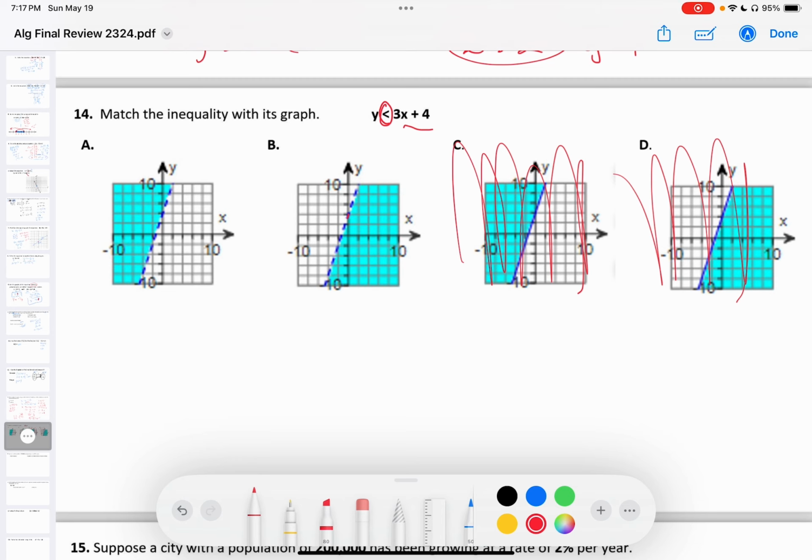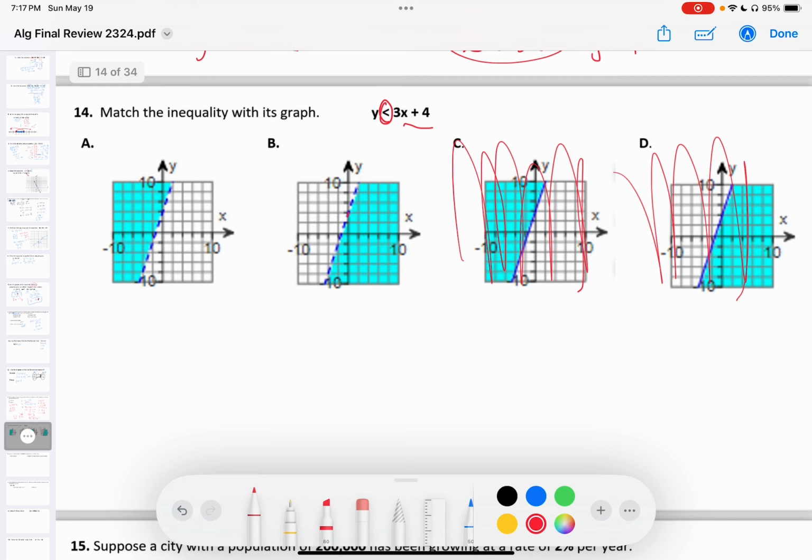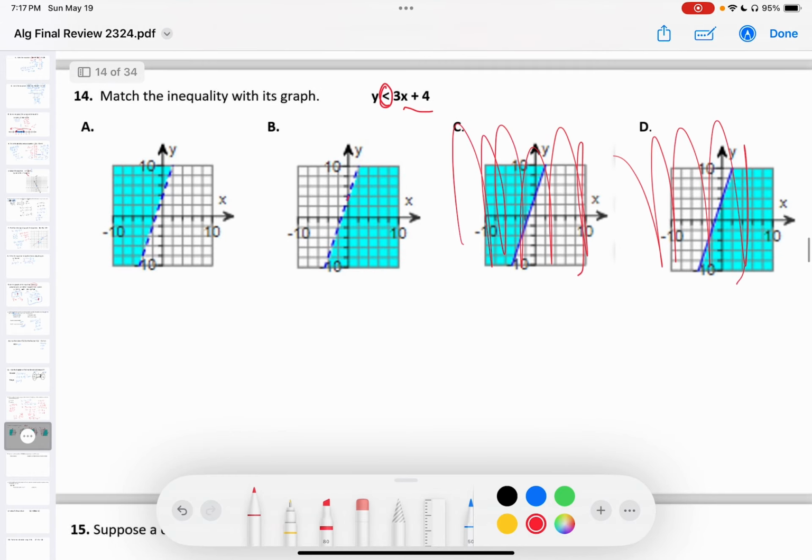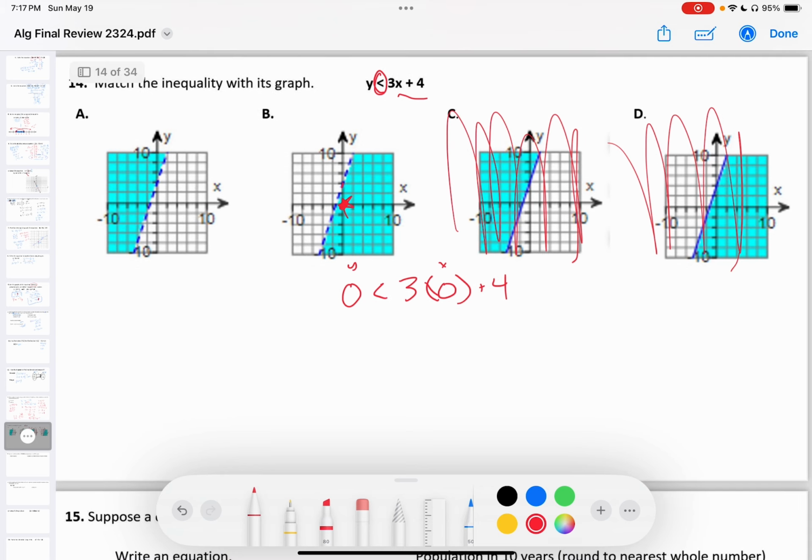So now we've got to figure out which one of these works. We talked about the shading piece. If I take a point like 0, 0 and put it into this inequality, so I'm replacing x and y with 0, and if this is true, then 0, 0 should be shaded in, and we'll go with B. If this is false, then 0, 0 is not going to be shaded in, and we'll go with A. So 3 times 0 is 0. 0 plus 4 is 4.